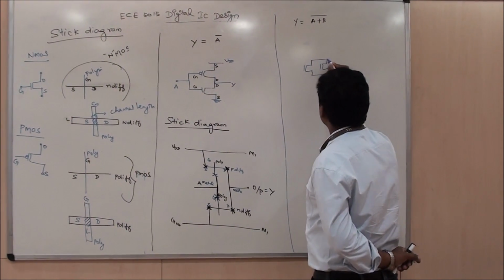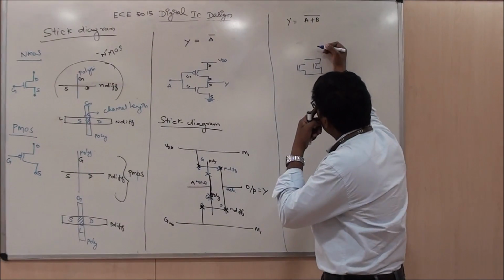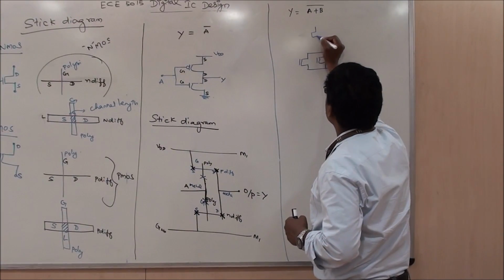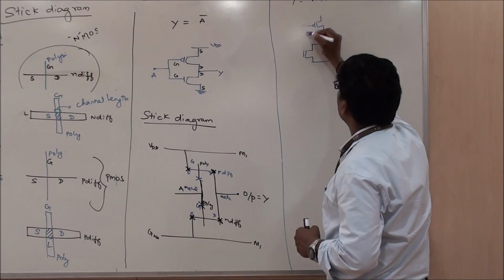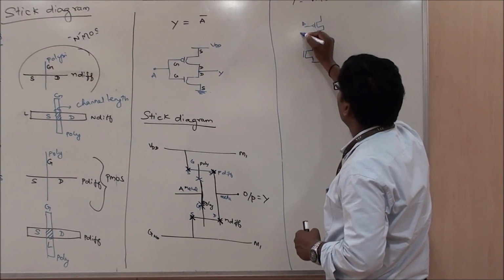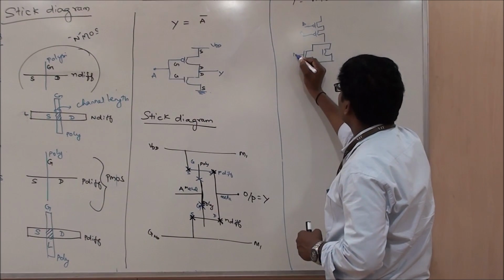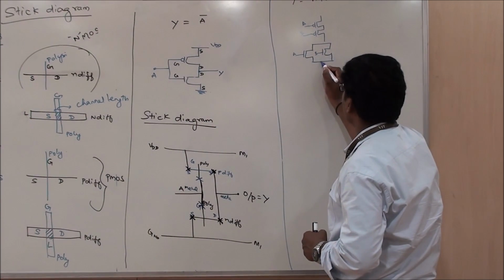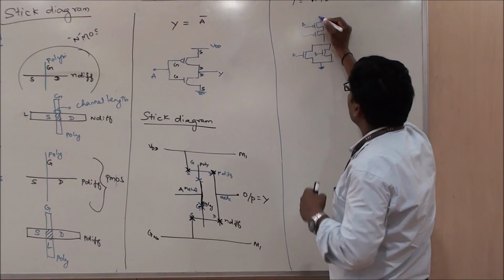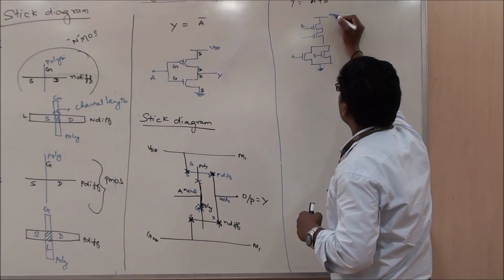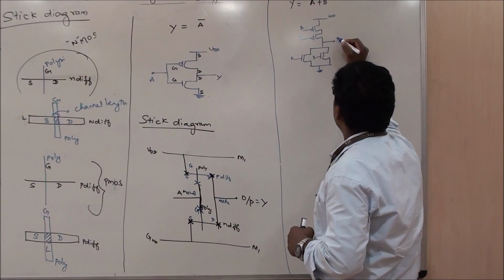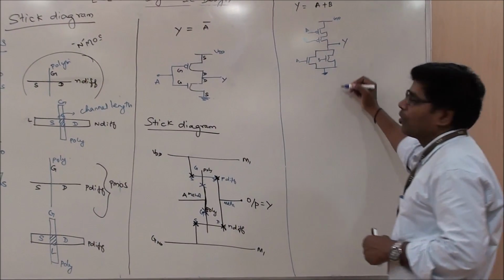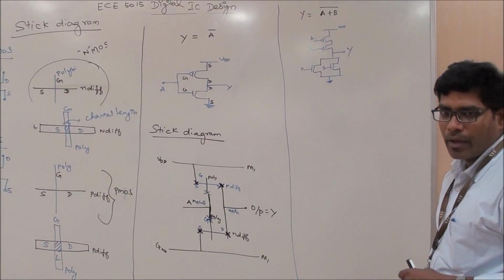I am doing that, and the PMOS structure should be in series. So you have two PMOS, this is A and this is B. The bottom one has been connected to ground, the top one has been connected to VDD, and the drain has been connected, and here you get your output. This is the simple thing.